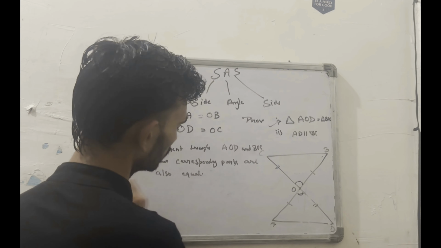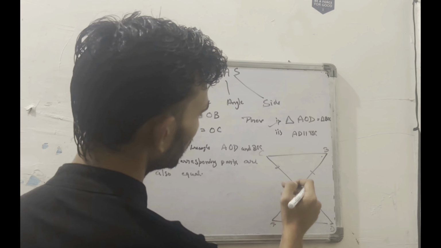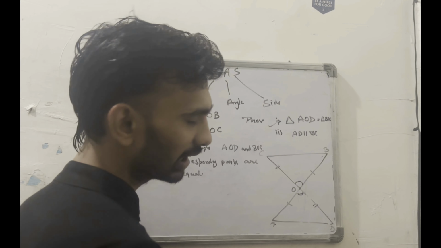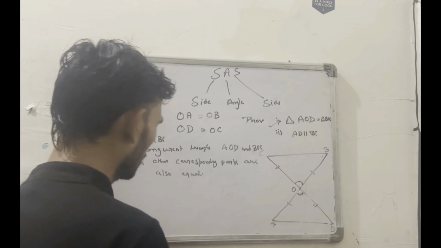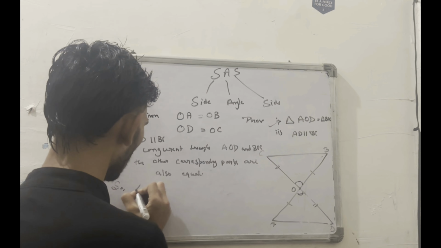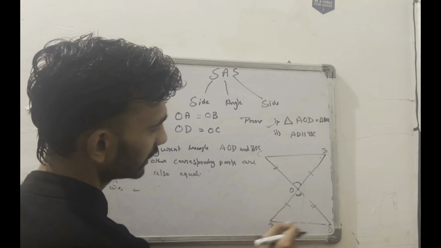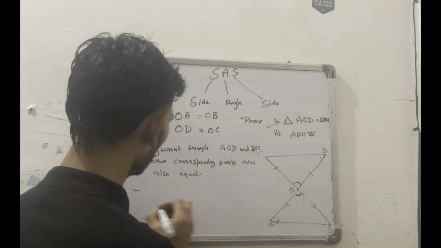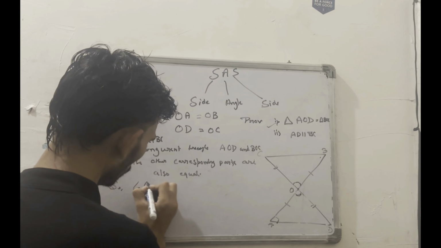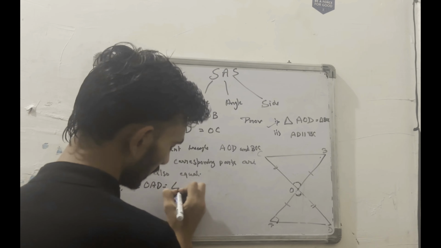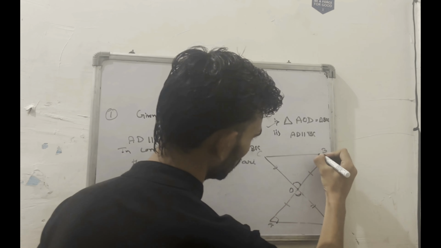Okay, if the triangles AOD and BOC are congruent, then the other parts are also equal with the help of the side angle side property. So we will write that angle OAD is equal to angle OBC, that one angle.